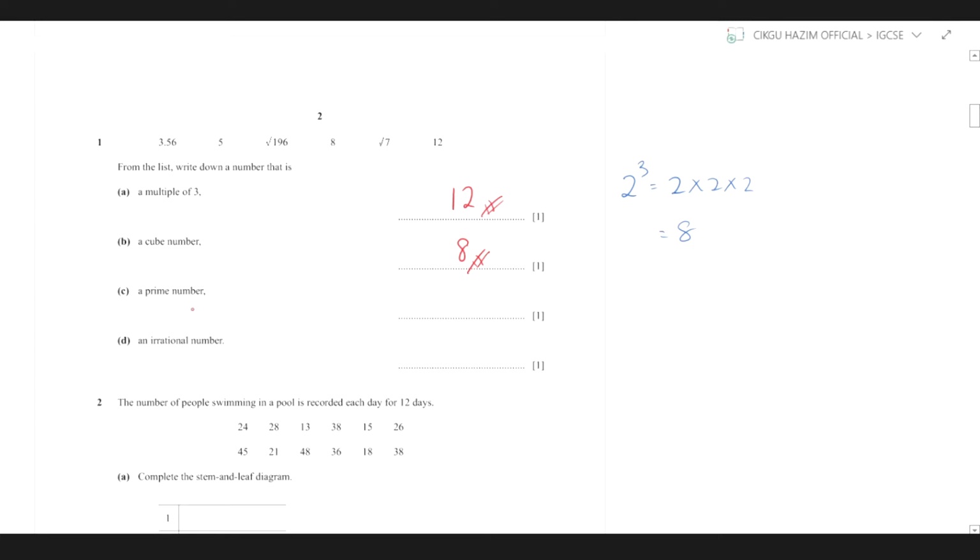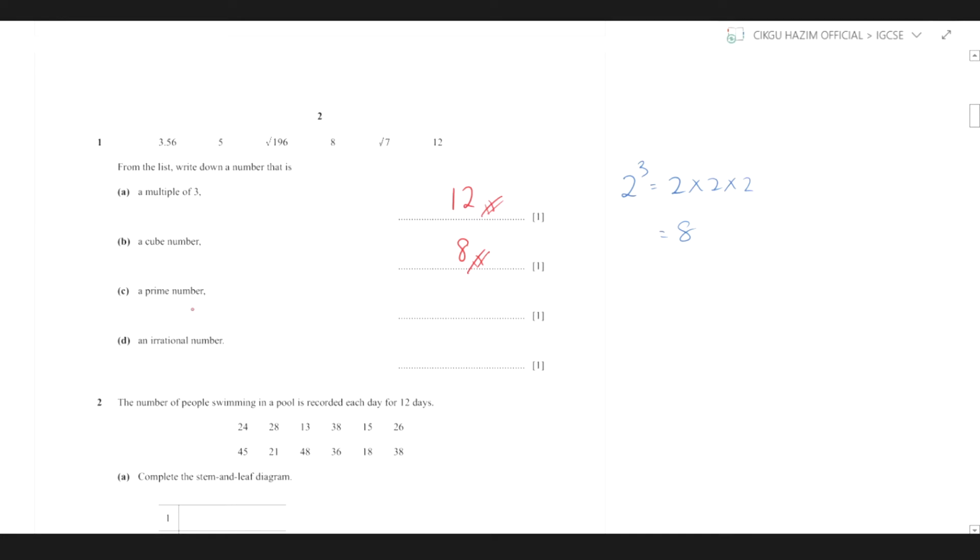And irrational number, what does it mean by irrational number? Most students are not really clear about this. An irrational number is a number that cannot be expressed as a fraction.